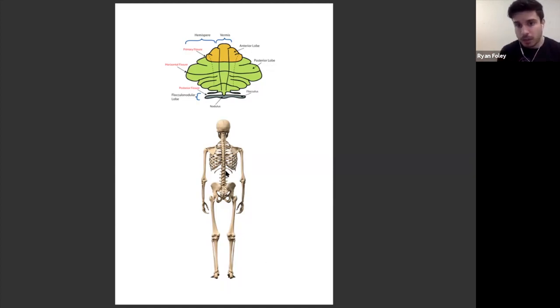Because when we look at somebody with low back pain, and obviously there are so many other factors to consider here instead of just the neural control of our anatomy, there are psycho-emotional factors we have to consider as well. But if we're looking at things from purely a neuroanatomical lens, if I have a pain experience in my lower back, we have to consider what pain is from a big picture standpoint. Is pain more of a subconscious experience or is it a conscious experience?